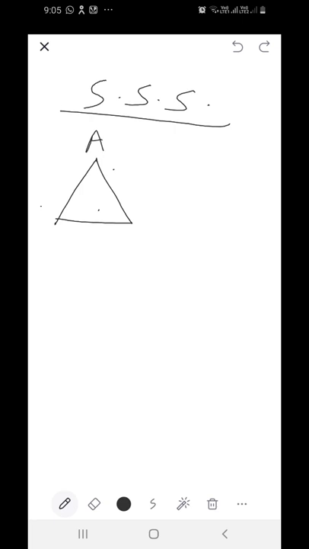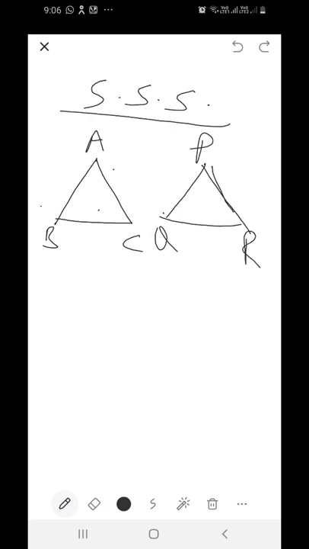This is triangle ABC and this is triangle suppose PQR. And if I write AB is 1 centimeter, PQ is 2 centimeter, BC is 4 centimeter, QR is 8 centimeter, and suppose AC is 2 centimeter and PR is 4 centimeter.